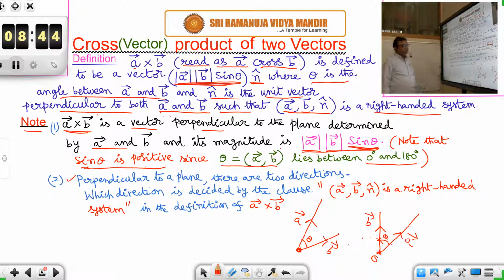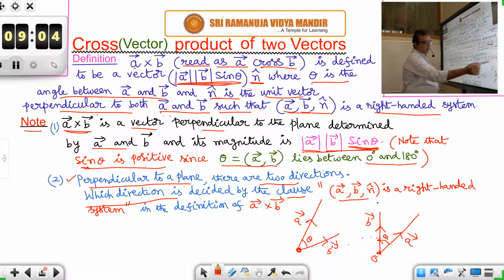But its direction, we are saying that it is perpendicular to the plane. But perpendicular to any plane, there are two directions. Which direction is decided by the clause in the definition. Which clause? A bar, B bar, n cap is a right-handed system. That clause in the definition of A cross B will decide which side of the plane, perpendicular to the plane.